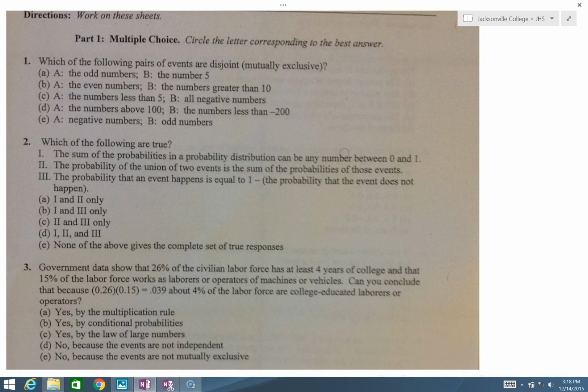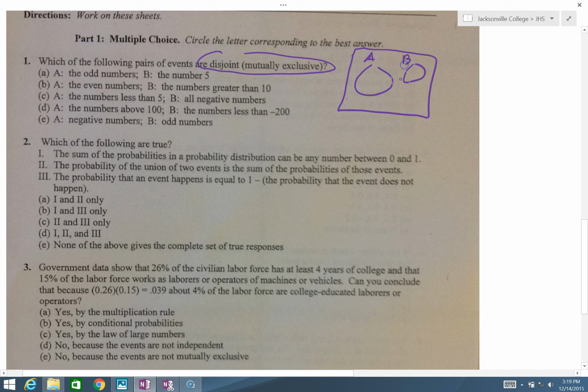Number 4, which pairs of events are disjoint, mutually exclusive? Disjoint means they're not joined. If you have event A here, and you have event B, they are not joined. This is disjoint. One thing that you need to know is if you are disjoint, you are not independent, because here, if I know that A has occurred, B is guaranteed to not occur.